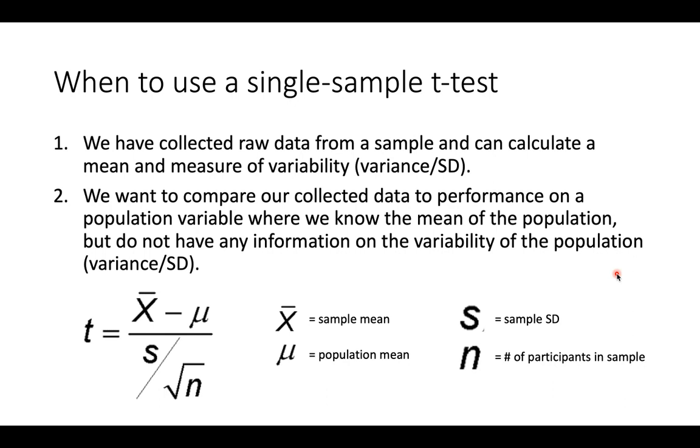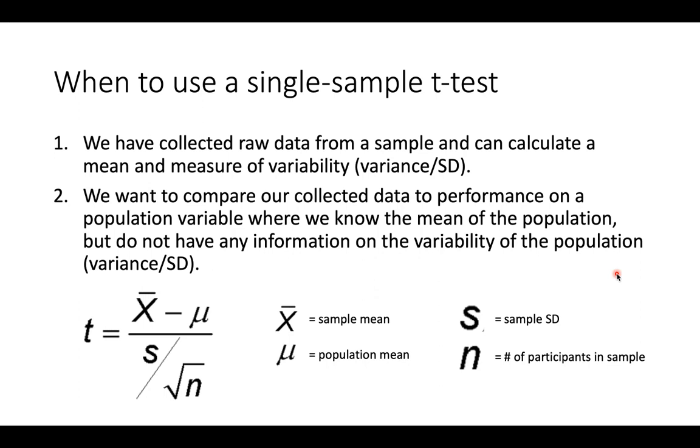Z-tests are not super common in the literature. They exist, obviously, but most of the time, real research is done with groups of people. So a single sample t-test is something that you might actually encounter in a real scientific paper because it involves doing statistics on data from a group of people.